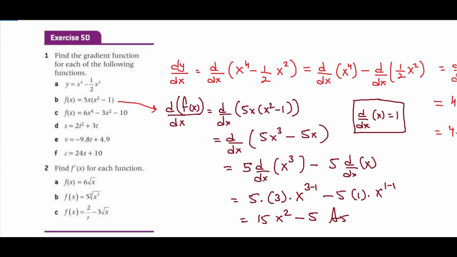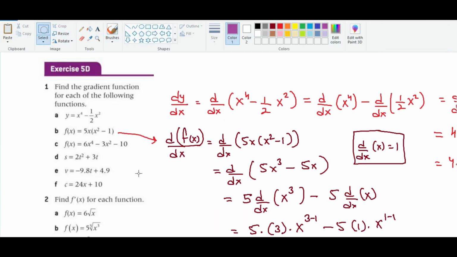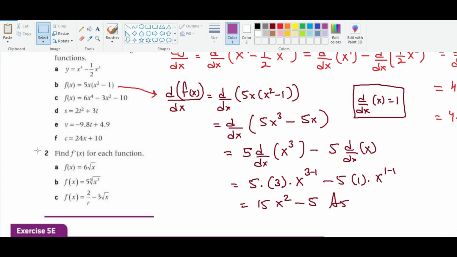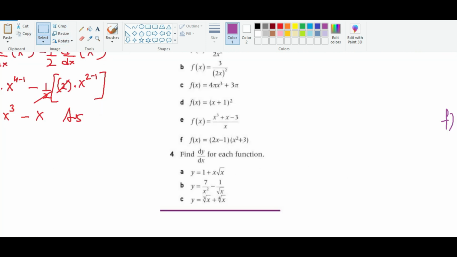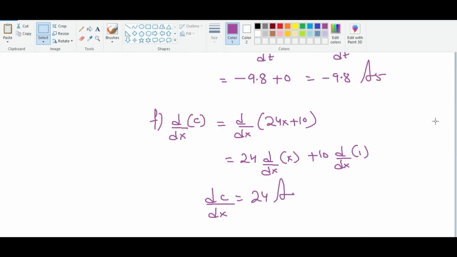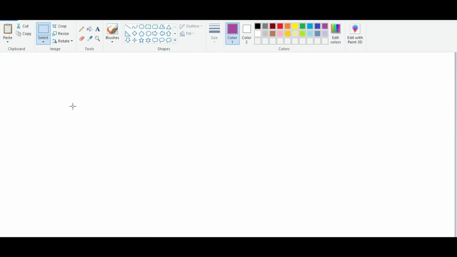Let's take them at the corner so that I am able to explain them well. Let's copy and proceed downwards. I am going to paste it here.